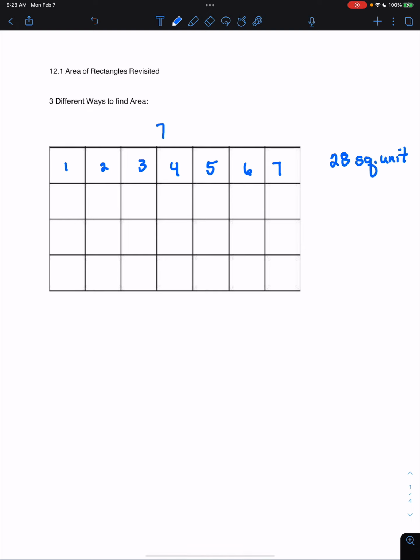So we have 7 units on the length, and then we could count the number of boxes on the width of the rectangle, and here we have 4 units on the width, and we could use multiplication to multiply 7 times 4, and we still get the same answer of 28 square units.